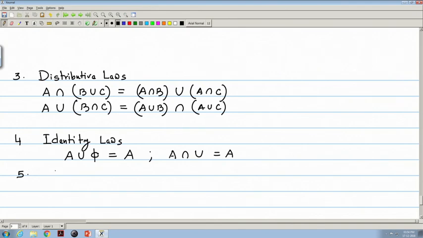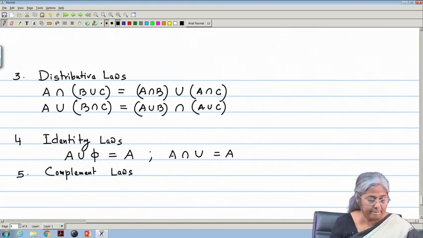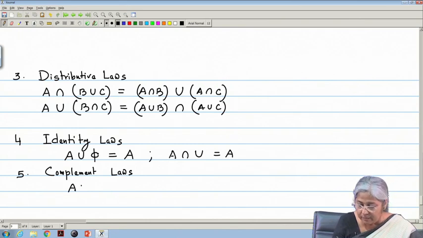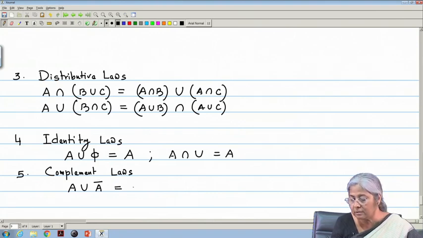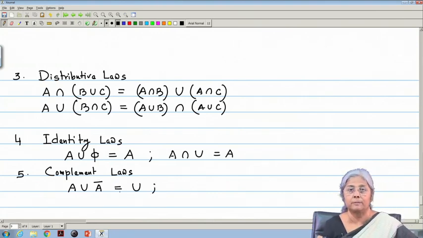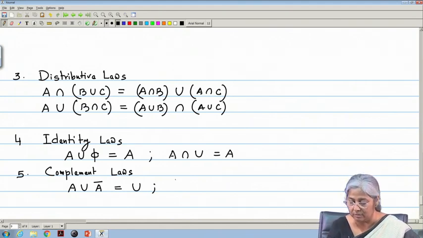Now, I have the complement laws. A union A complement is the universe only, because if I take the subsets of A and A complement, that means all the elements of the universe we are considering.